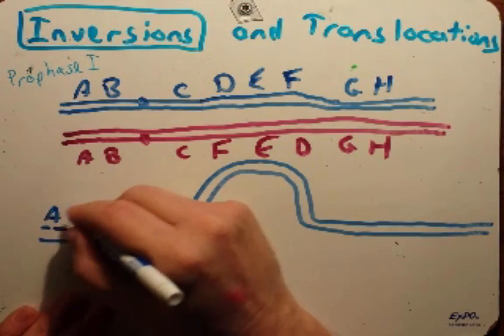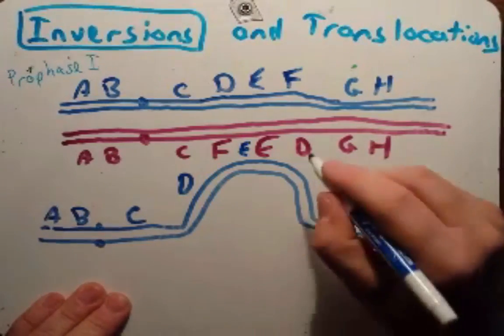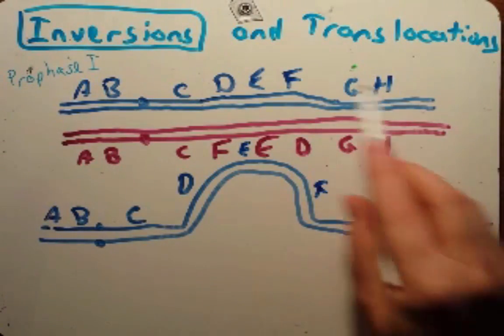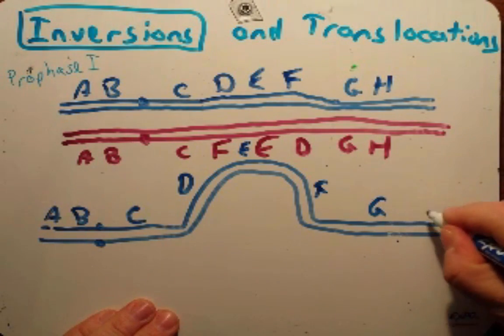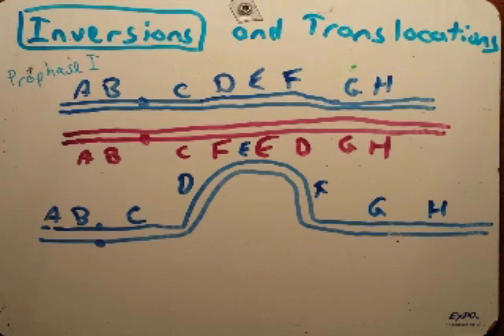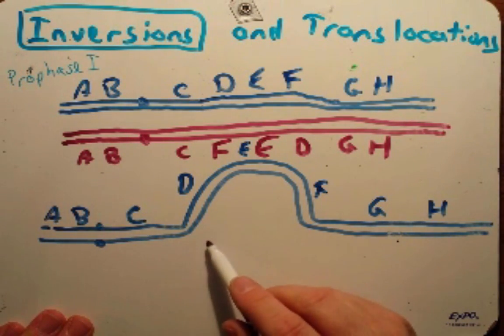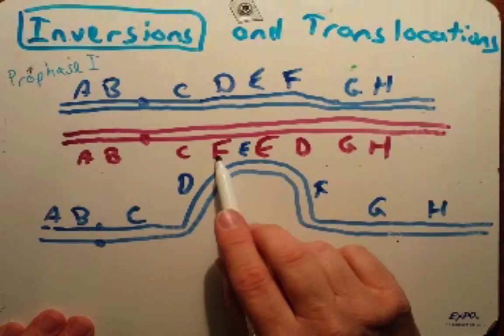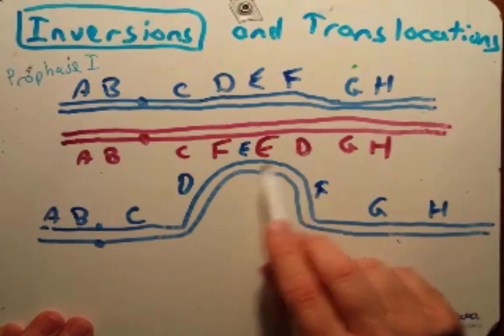And we might as well label these A, B, C, D, E, F. In a moment I'm going to erase this top part, because it's going to start getting confusing. And then we have G and H. Now the purple one here, what it's got to do, it's got to move in such a way where this F is going to pair up here, synapse here, and this D is here.